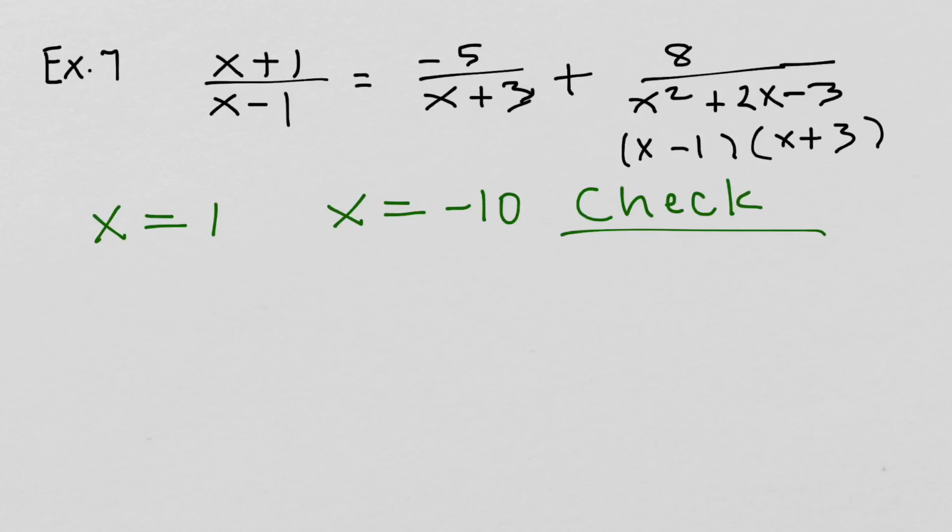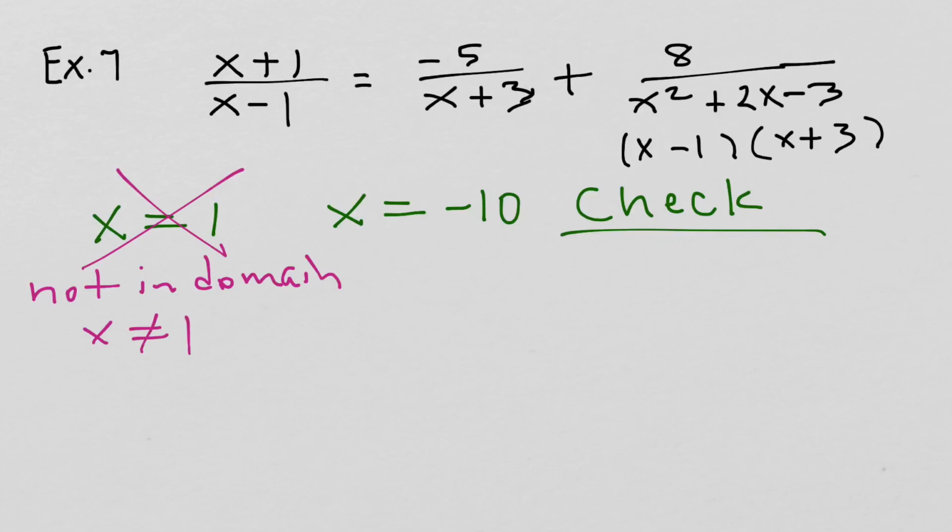So if I check 1, what's going to be clear immediately is if I put 1 in here, 1 minus 1 is 0. I'm going to get a 0 in the denominator of this fraction here. So I can't say that 1 is a solution here because it's not in the domain. Okay, so 1 is a domain restriction. X cannot be 1.